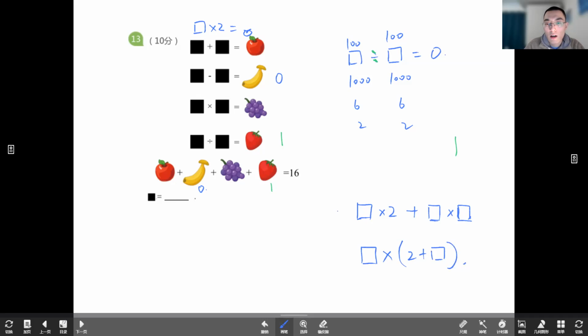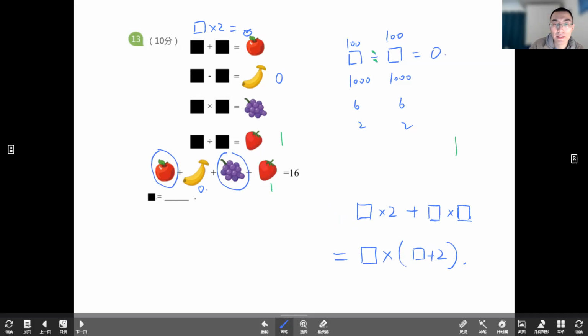Okay, this expression is equivalent to this expression. These two are equivalent, they're equal. So we have square times (square plus 2) equals to an apple plus a grape, and that we know is equal to 15.